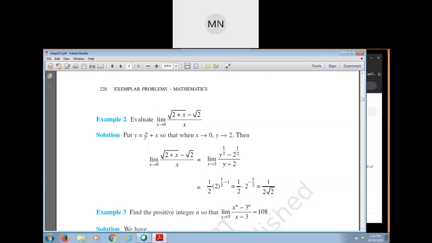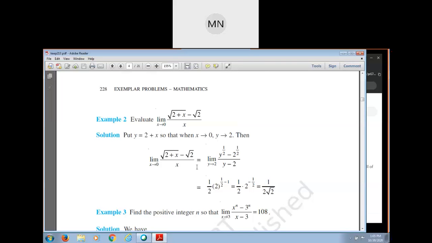When we put y equals to 2 plus x, this implies y minus 2 is x. So x will be y minus 2. We just put the value of y in place of x, then we will get this one.